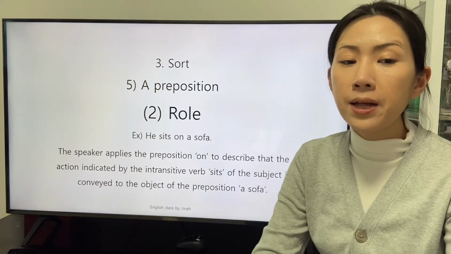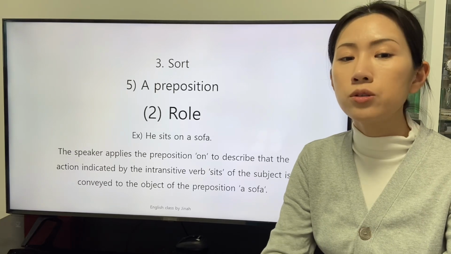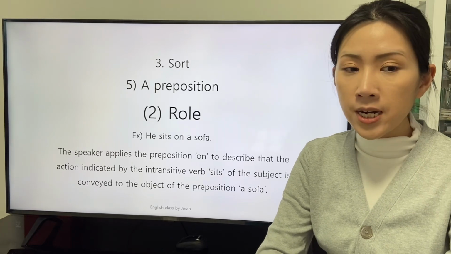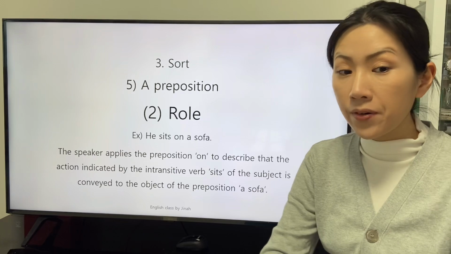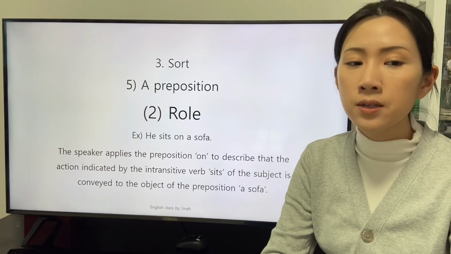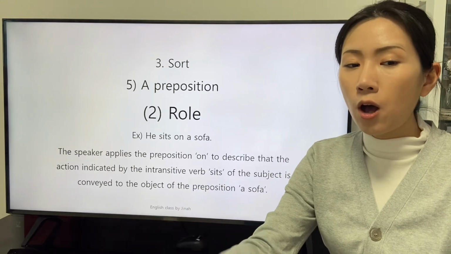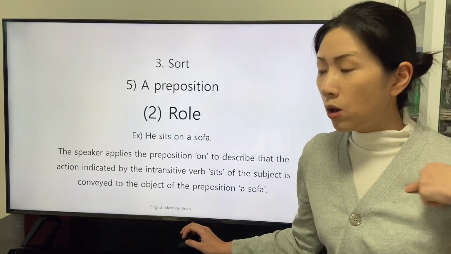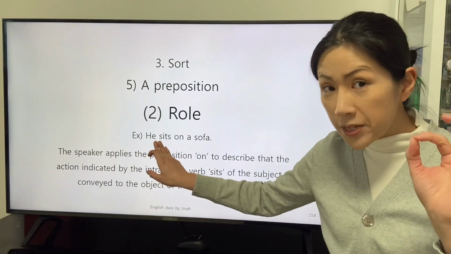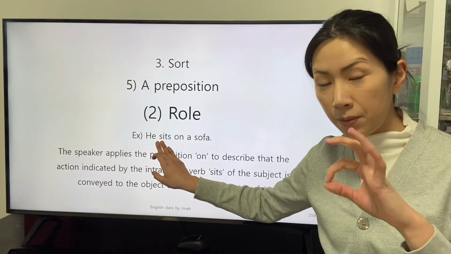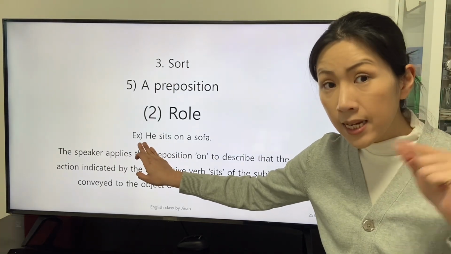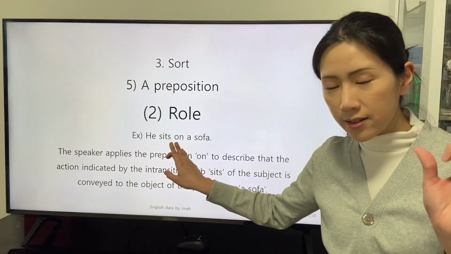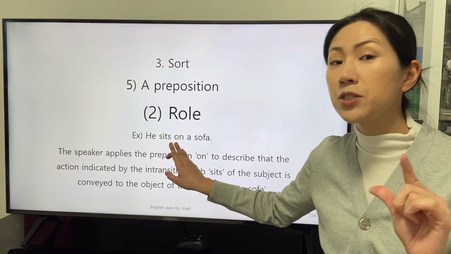The speaker applies the preposition on to describe that the action indicated by the intransitive verb sit of the subject is conveyed to the object of the preposition, a sofa. Then we can also know that the subject of the intransitive verb sit, he, is also the subject of the preposition on.